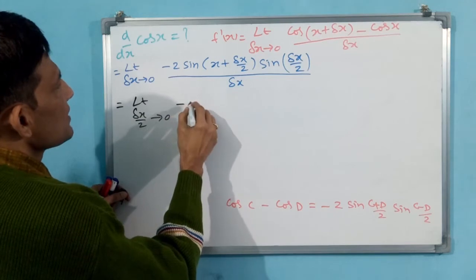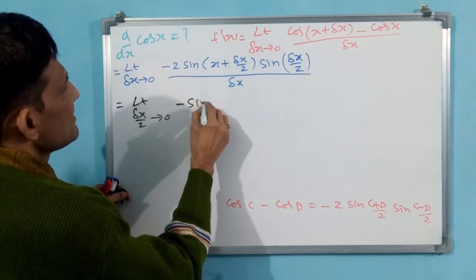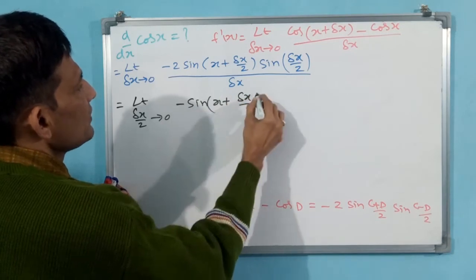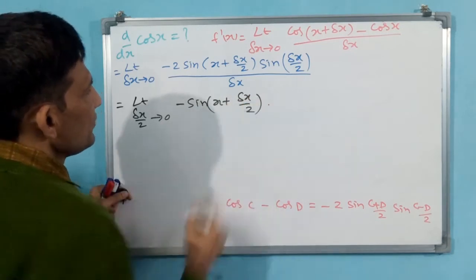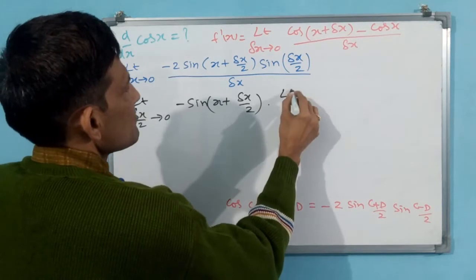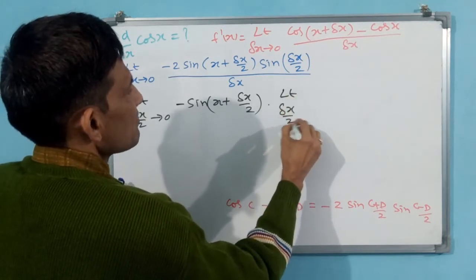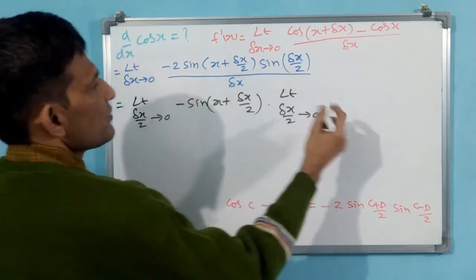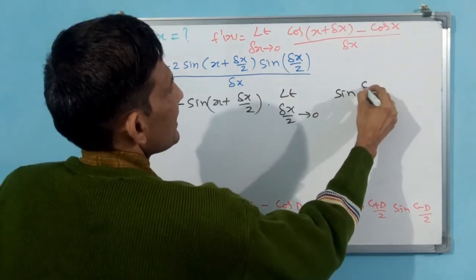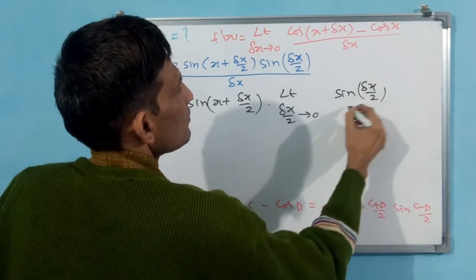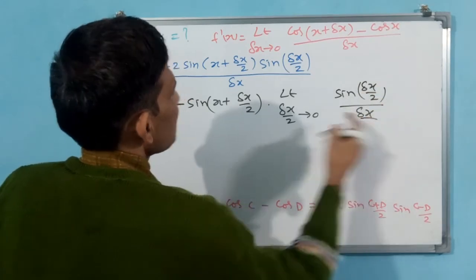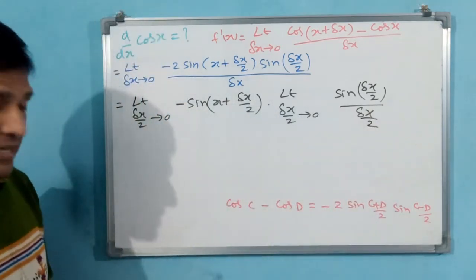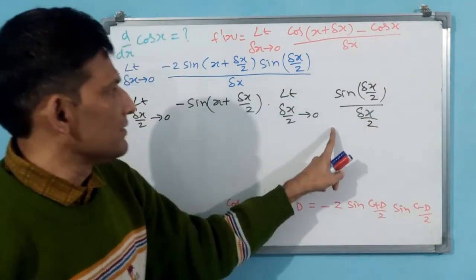The first term will be like this: minus sin of x plus delta x by 2, into the next one, limit delta x by 2 tends to 0, sin delta x by 2 by delta x by 2. This 2 has come here. Now this is going to become 1.